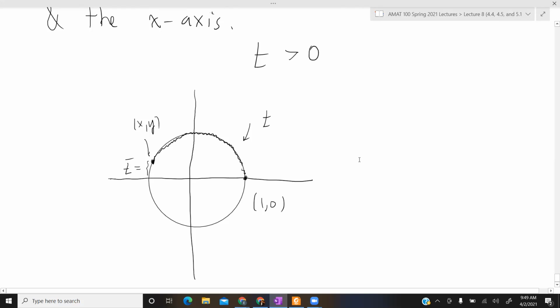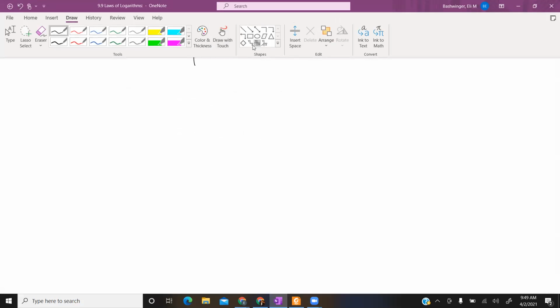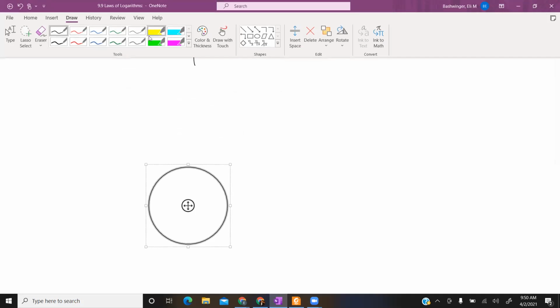If we were in this situation, suppose t was a number that landed you right here, so this corresponds to (x, y), and that corresponds to t.